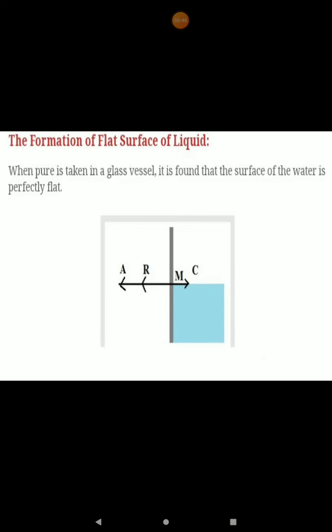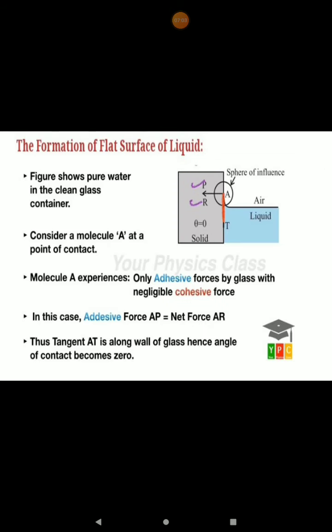See this figure, here A and R are along the same line, and C is also along the same line, but A is greater than C. To make the liquid surface perpendicular to this resultant R, the surface of the liquid becomes flat, so that the angle of contact becomes 0.